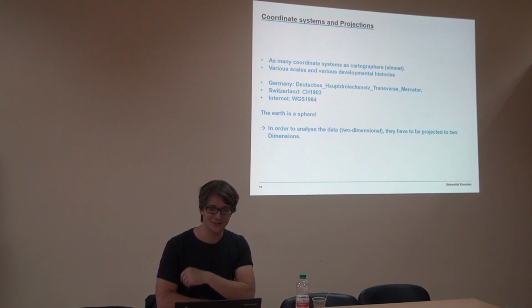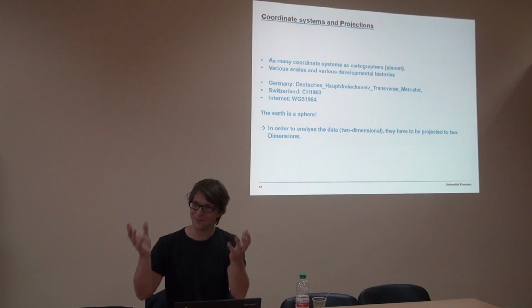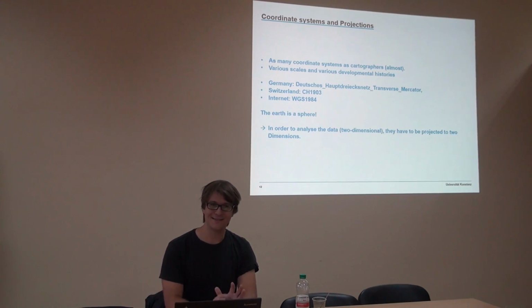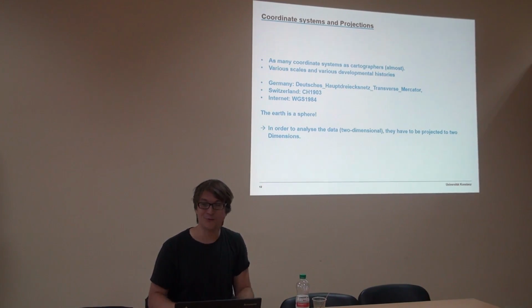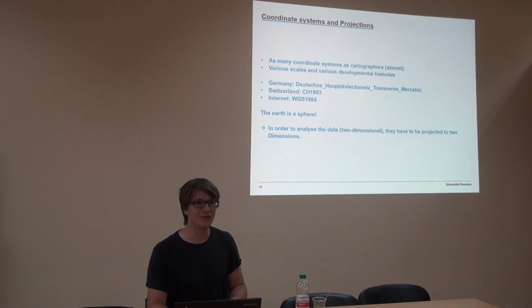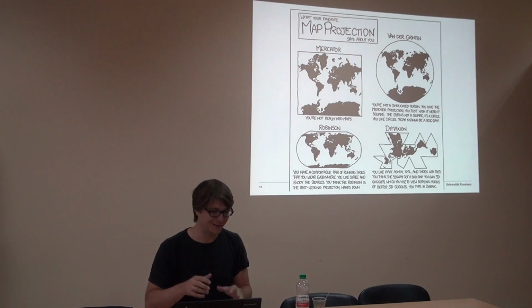The second complication with these coordinate systems is that, as you know, the Earth is a sphere, so we live on a globe, and in order to analyze the data, this sphere has to be projected onto two dimensions on a flat surface, and as you might remember from school, that's not possible 100%.